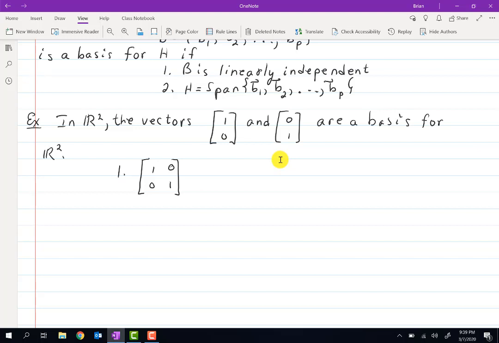We know just from this, since there are two pivot columns, that the matrix is invertible.